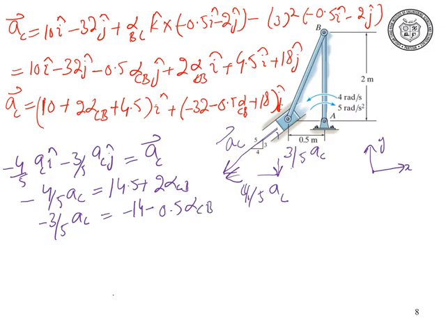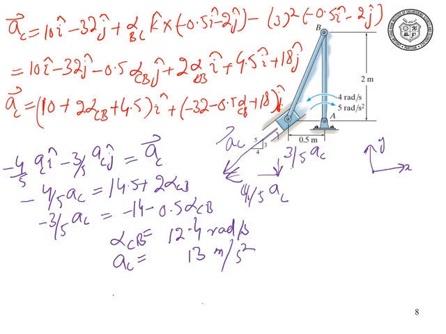So you have two equations and two unknowns. By solving the equations simultaneously, you can get alpha CB equal to 12.4 radian per second squared and AC equal to 13 meter per square second.